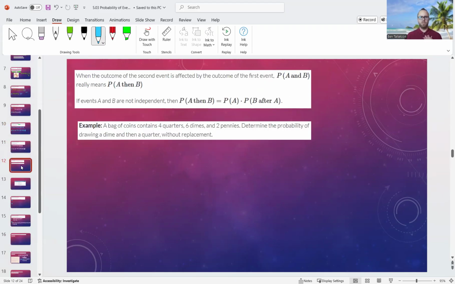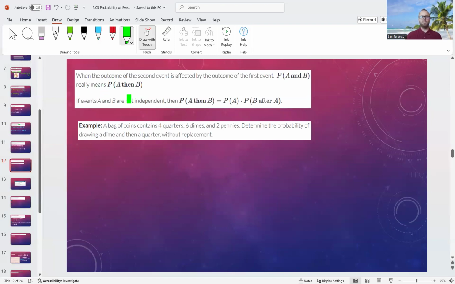Moving right along. When the outcome of the second event is affected by the outcome of the first event, then the probability of A and B really means the probability of A then B. Okay? So pay attention because it's going to get a little wordy here.